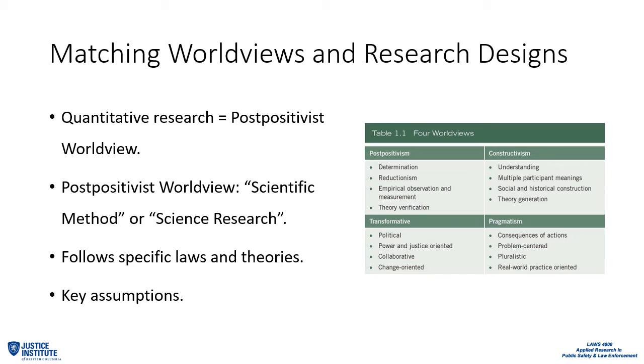There are also key assumptions that go along with this worldview. First, evidence is always imperfect, so researchers do not try to prove the hypothesis; rather, they do quite the opposite. Next, most quantitative research starts with the testing of a theory. Furthermore, the researcher collects information on instruments based on measures completed by participants.